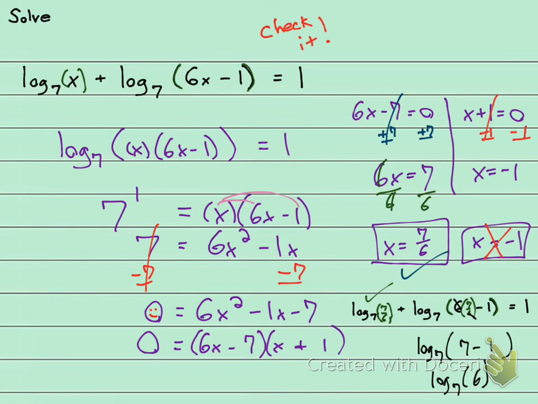I will do this to make sure it checks out to equal 1, but my answer is only x equals 7/6. This one was an extraneous solution, and it doesn't check out, and I just don't put it in my answer.